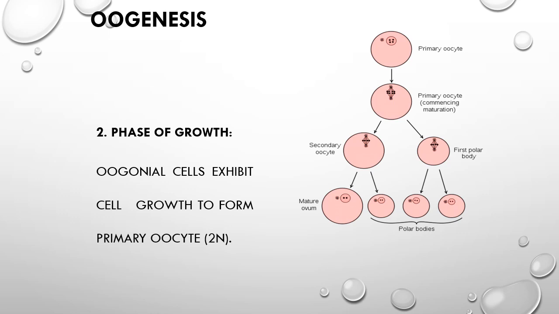These oogonial cells accumulate cytoplasm, accumulate some reserve food material, accumulate yolk inside them, and hence they increase in size. This phase is called the phase of growth.